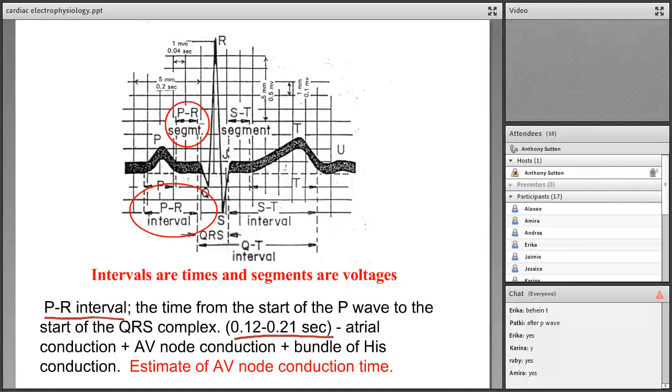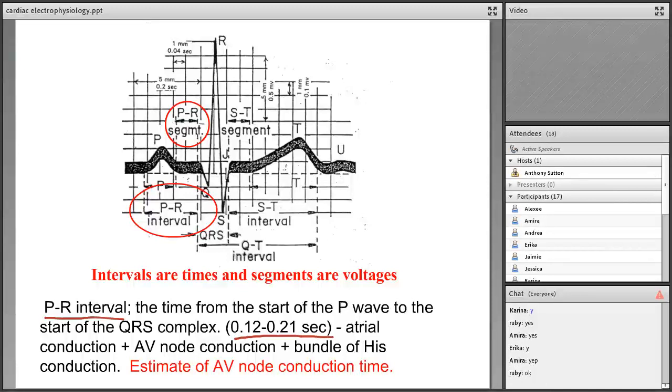If you can remember 0.12 and just turn it backwards, then you'll know the range, 0.12 to 0.21. Does everybody see that? Okay, good. That is how you look at your PR interval.